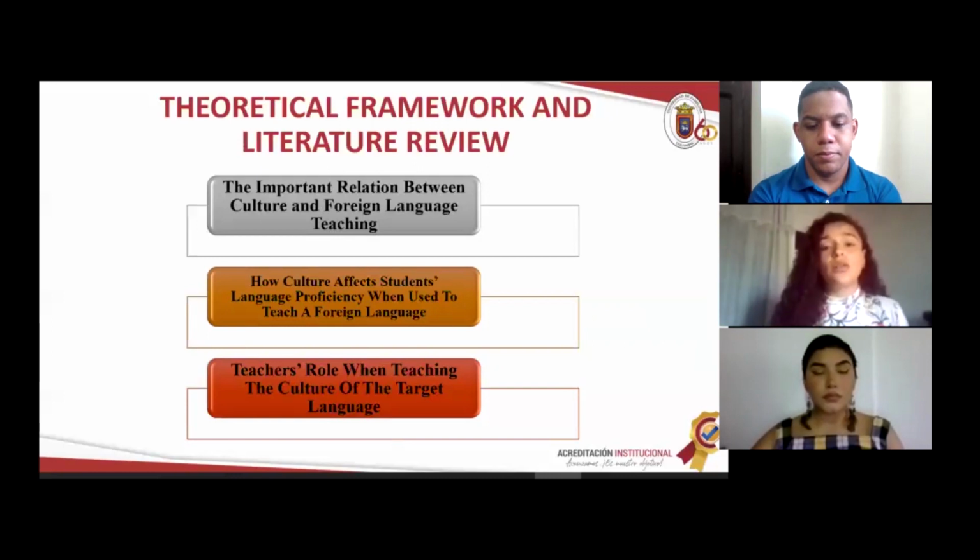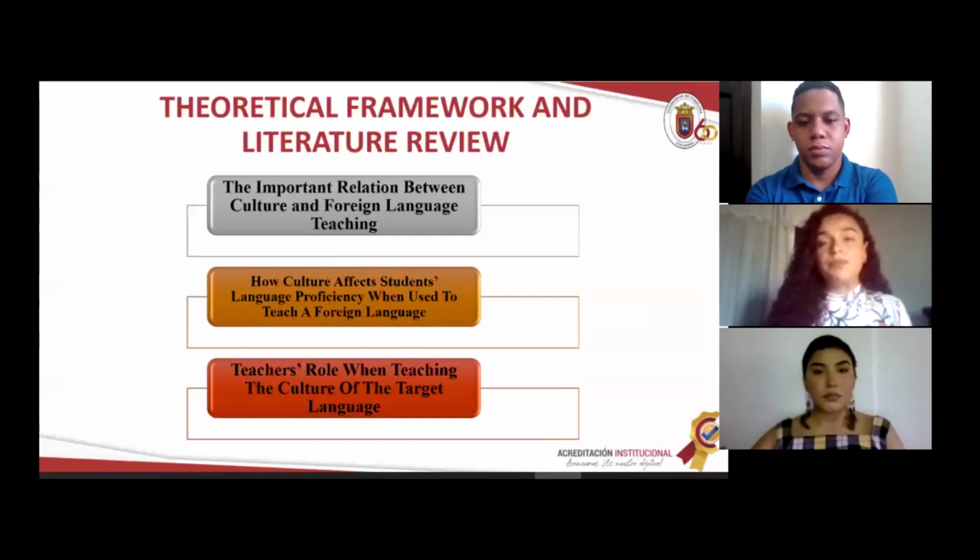In brief, they all concur that foreign language learning not only means learning the language, but also learning its cultural background for having language proficiency. But it is important to implement techniques with cultural contents and awareness of the target language.